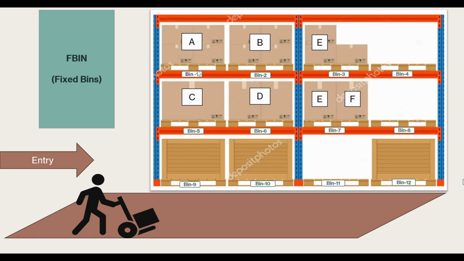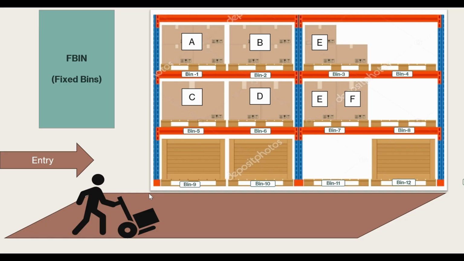Similarly, in fixed bin we can keep multiple products in a single bin, so we can assign multiple products to the same location. Here you can see product E and product F are assigned to my location bin 7. Similarly, you can see product E is also assigned to some other bin location. That combination is also possible.